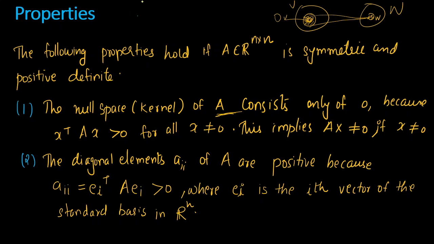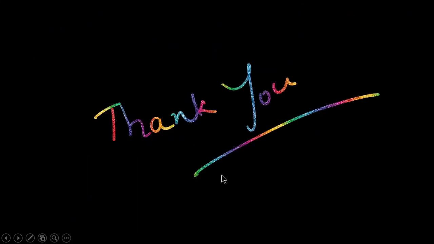When you take all the diagonal elements, they should be positive, so that the inner product of the base vectors is greater than 0. Then only the transformation of basis vectors will be positive.